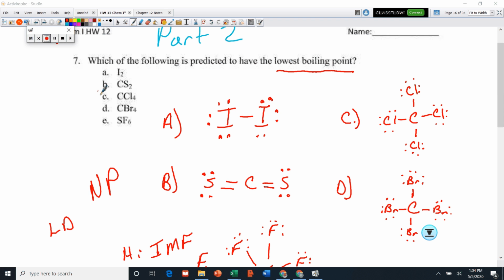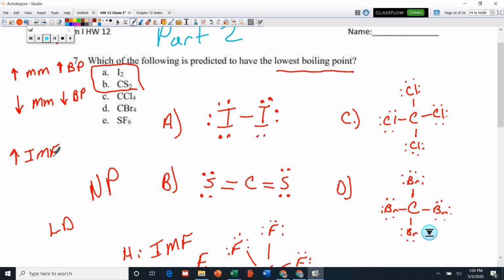So when you're looking at this one, I'm going to narrow it down to these two choices. The other factor that affects boiling point: higher molar mass is higher boiling point. Lower molar mass is lower boiling point. Another thing to state is higher IMF, higher boiling point.